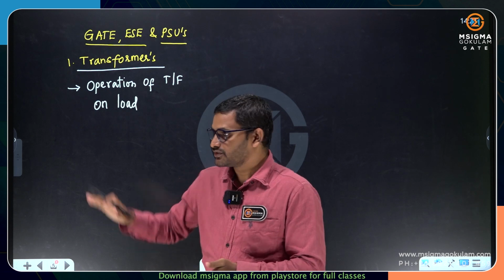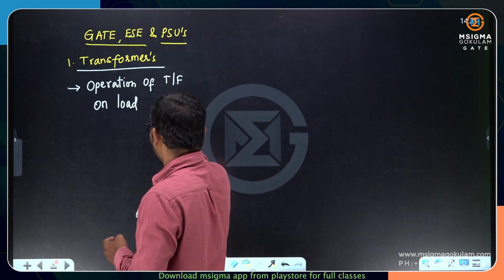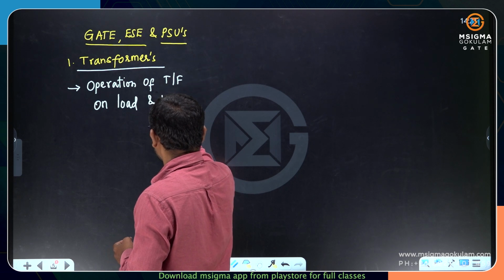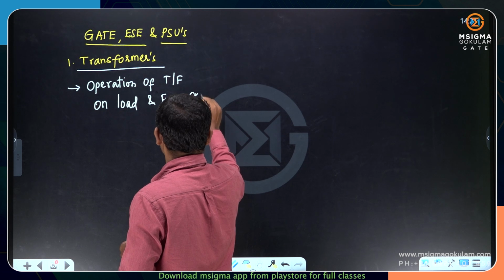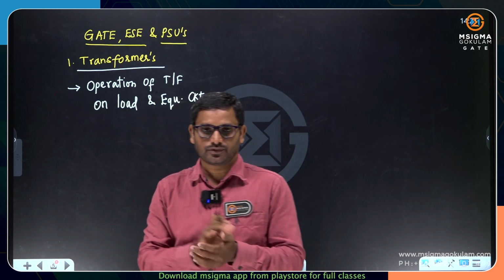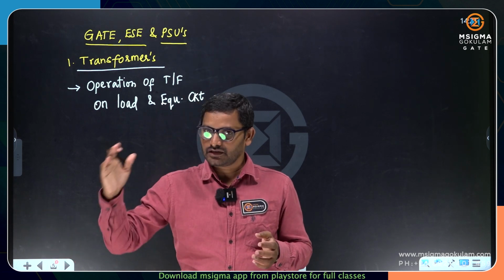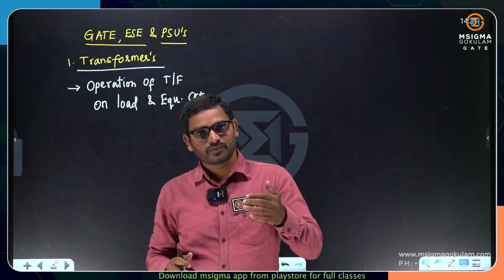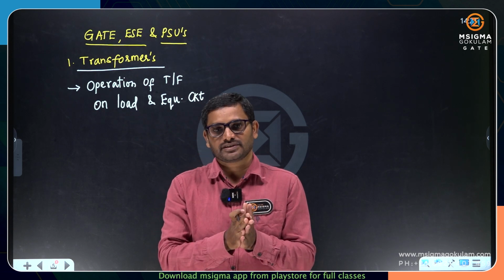Or else, during the load we will be getting an equivalent circuit, right? So I am writing here itself, the equivalent circuit of the transformer during the load. Okay, so you will be having secondary winding components, load impedance, primary winding components and the no load branch impedance, that is core branch impedance.